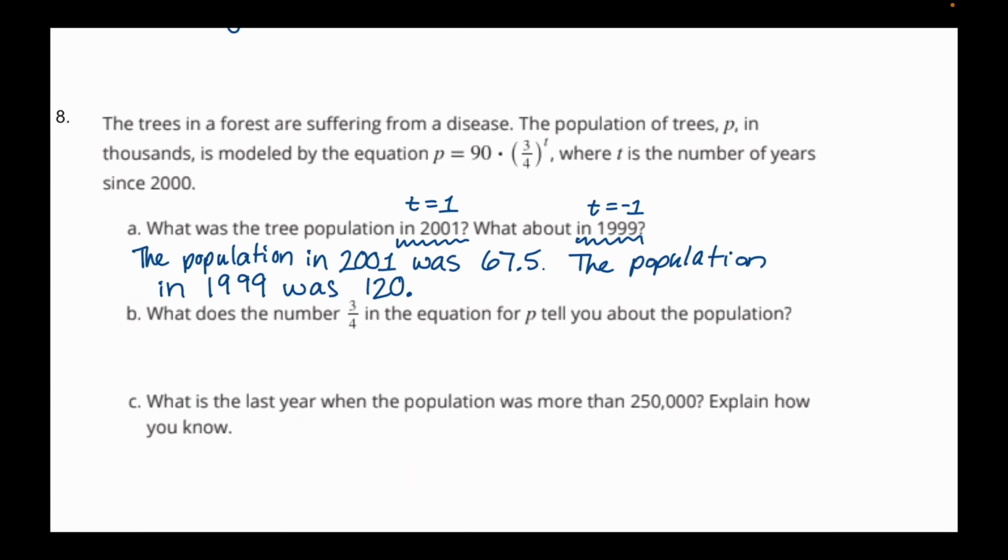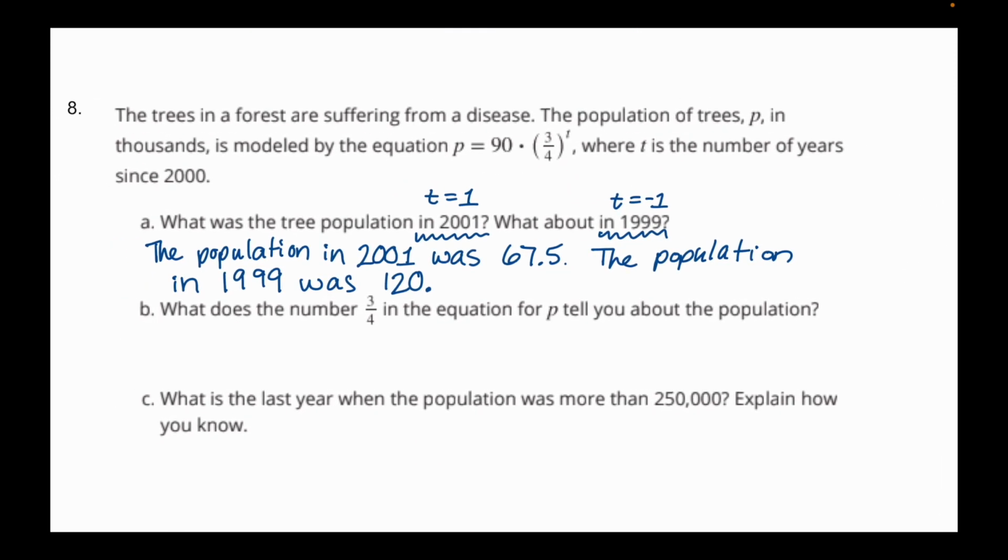So what does the number 3/4 in the equation tell you about the population? It tells us that only 3/4 of the trees survive each year.